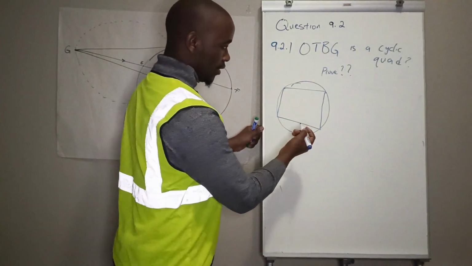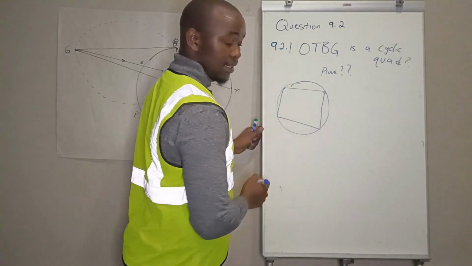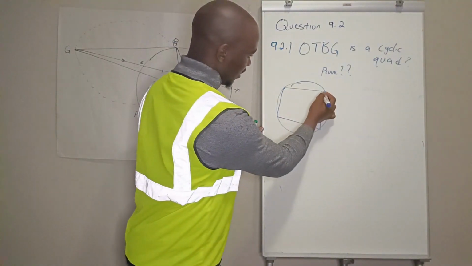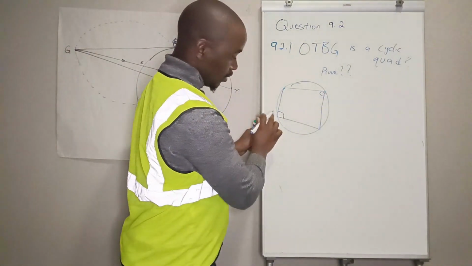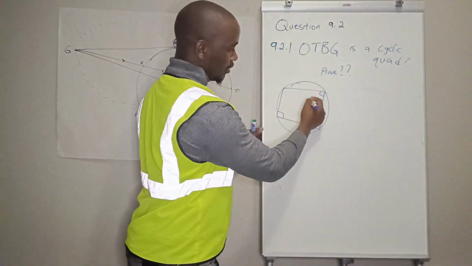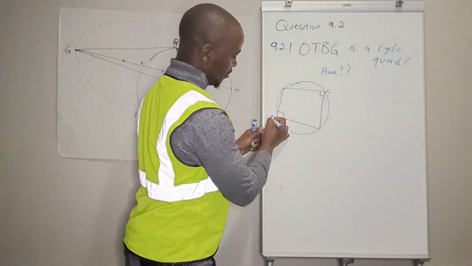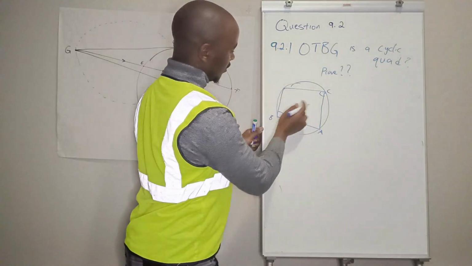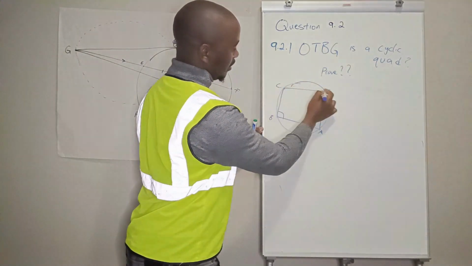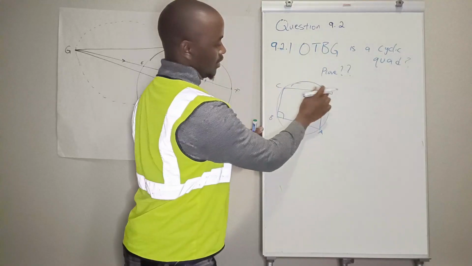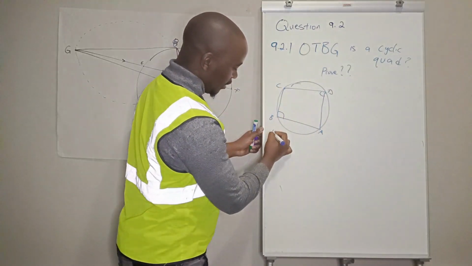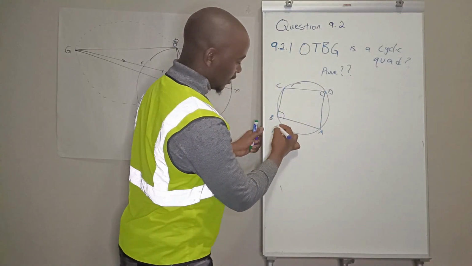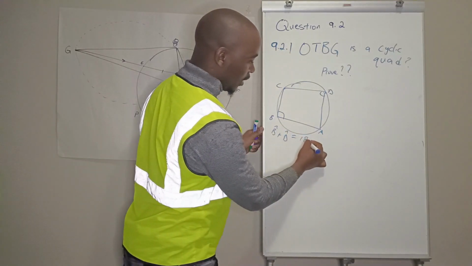So for a cyclic quad, the opposite interior angles, this angle is opposite to this one. Let's say A, B, C, D. So angle B plus angle D should give you 180.